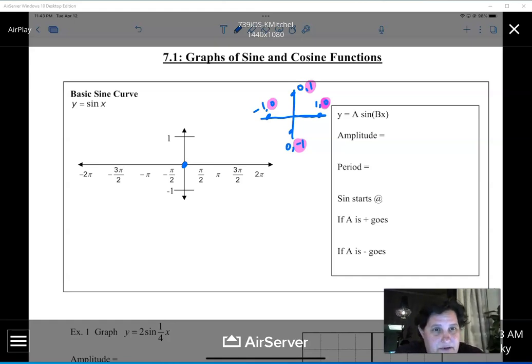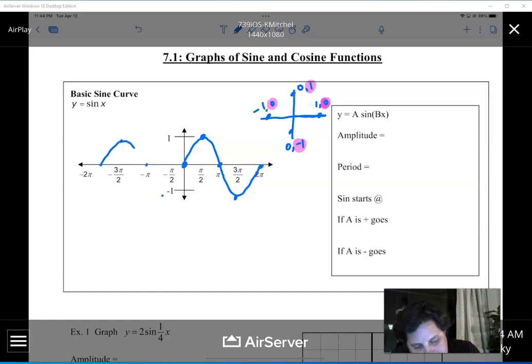At 0, sine is 0. Pi over 2 is 1. Pi goes to 0, 3 pi over 2 is negative 1, and then 2 pi goes back to 0 again. And we have this curve. I mean, we could sketch every point in between, pi over 6, pi over 3, pi over 4, but we kind of know what this looks like. Then we just follow the pattern on the other side too. That's your basic sine curve.